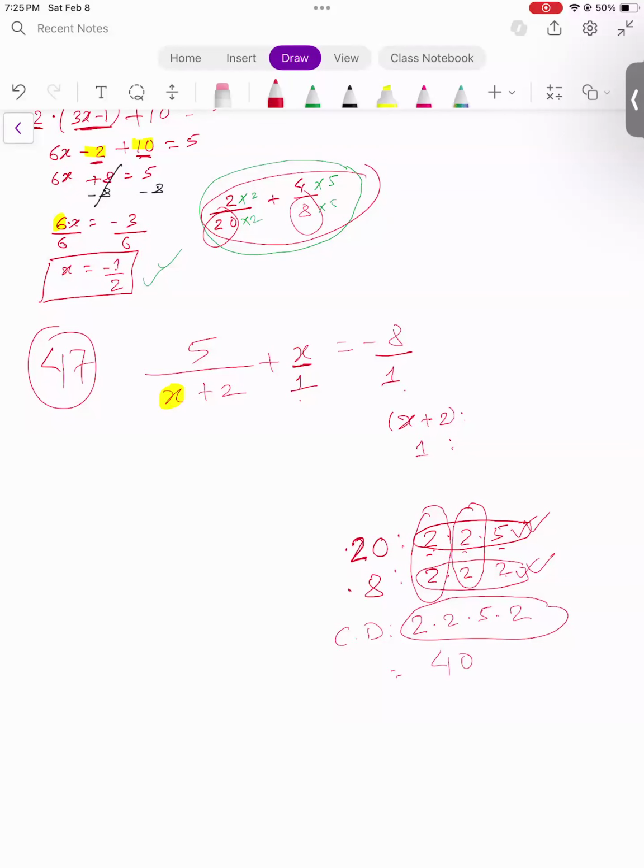Okay, factorization: x times 1, 2 times 1, that's not the one. Here we have this algebraic expression x plus 2. You just take this as one number.